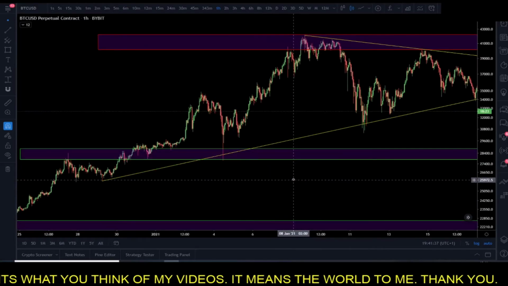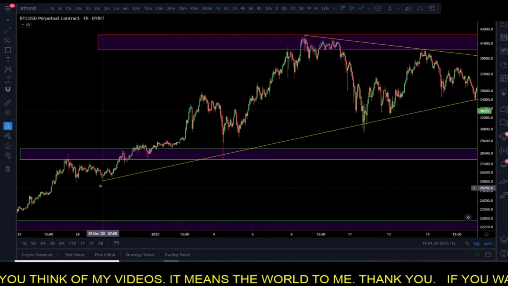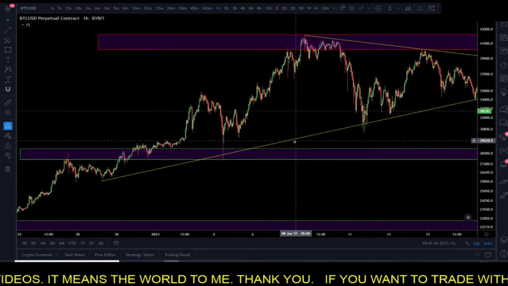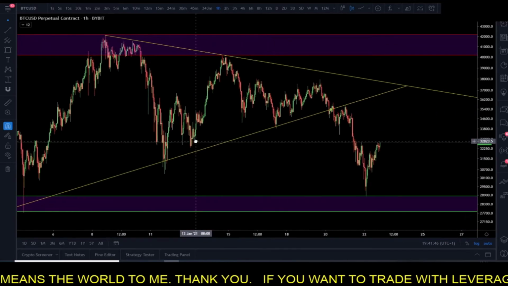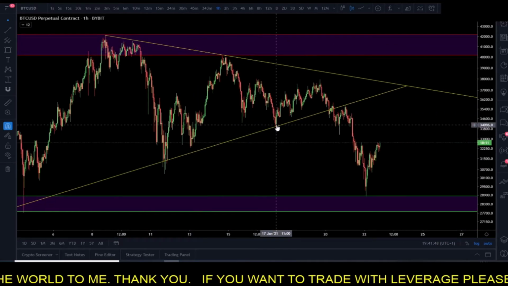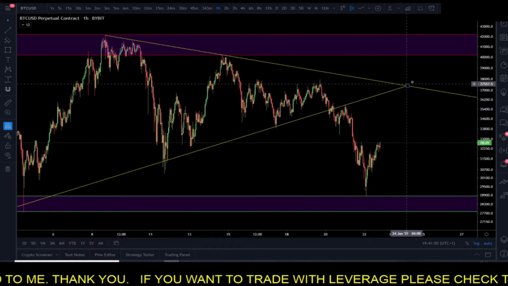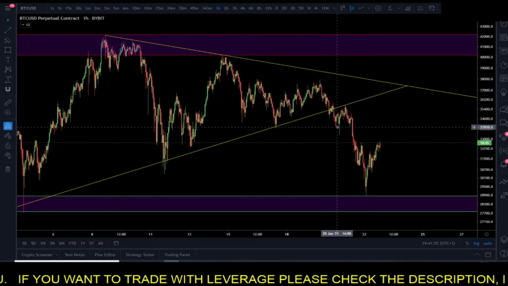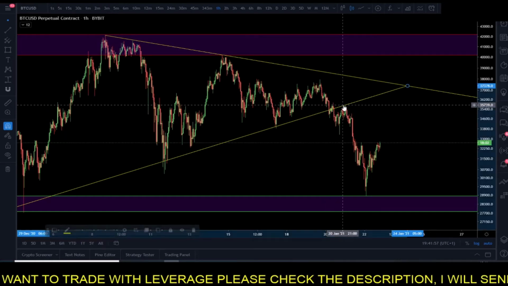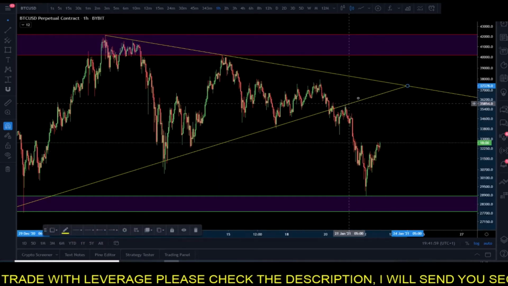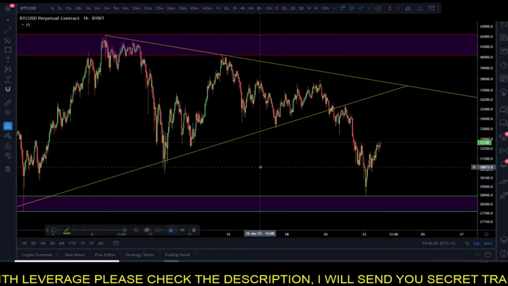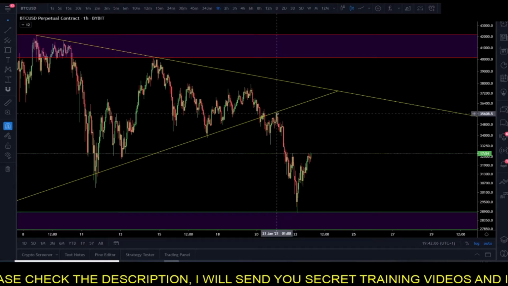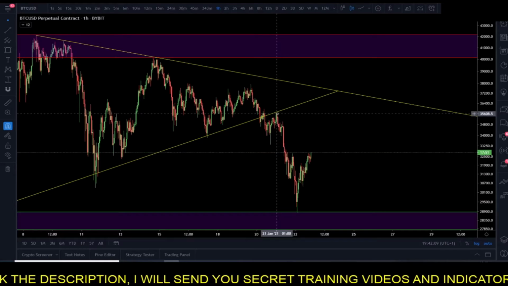So what this basically means is if you connect the wicks with as many touching points as you can, and you connected it with this one, then you knew that when the price fell below and it backtested this yellow line as new resistance, then you simply knew that it's going to go down.